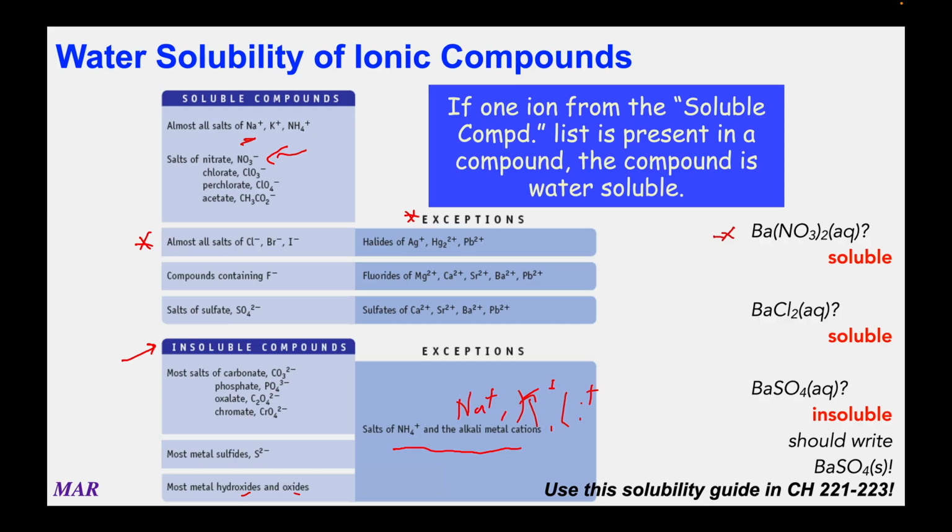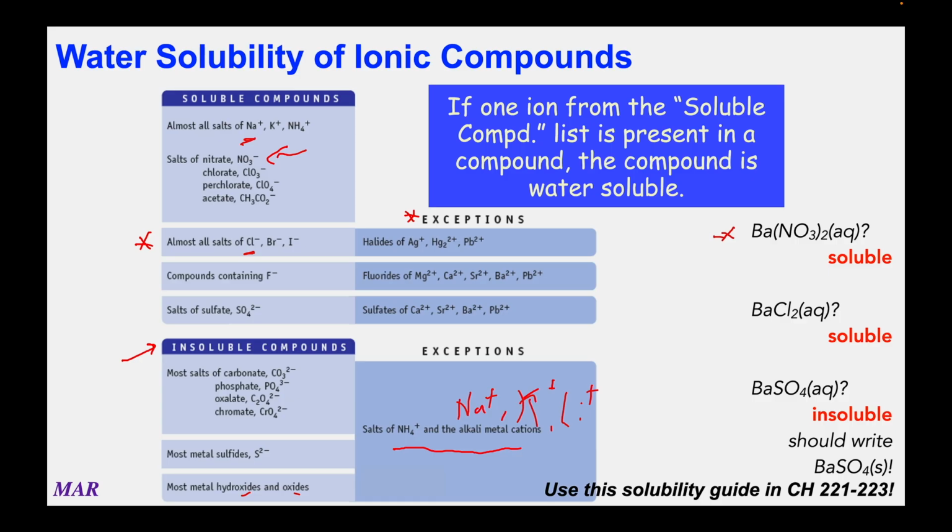So Ba(NO3)2 AQ would be the right way to write it. Now, BaCl2 has chloride, and most of the time, chloride is soluble, AQ, with three exceptions: silver, mercury, and lead. Well, barium is not one of those three, so we would say that it's soluble, and we should write BaCl2 AQ. It dissolves in water.